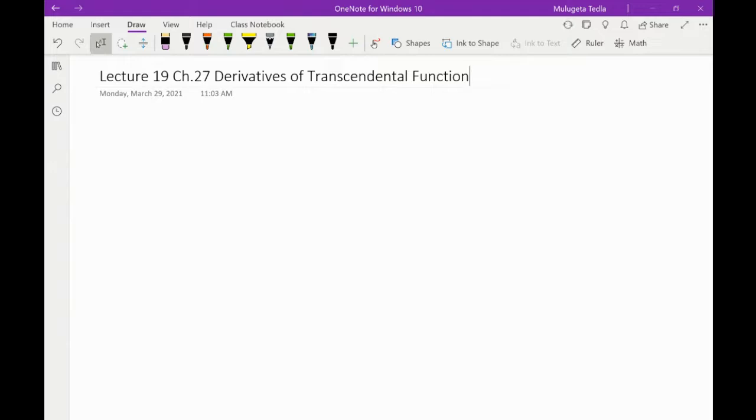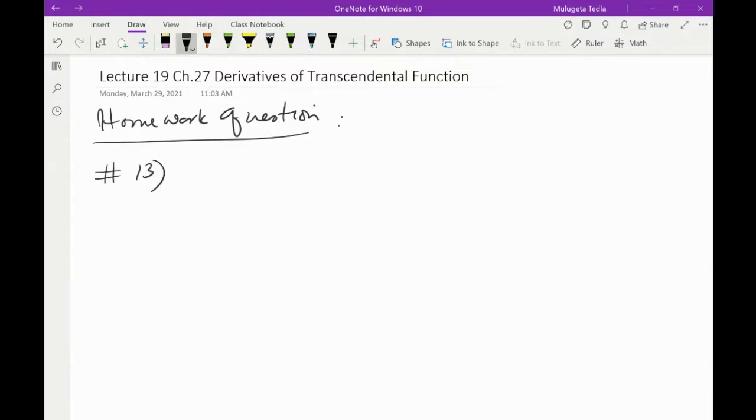Anyway, this is from homework. We start from homework. Homework question number 13, section 20.5.